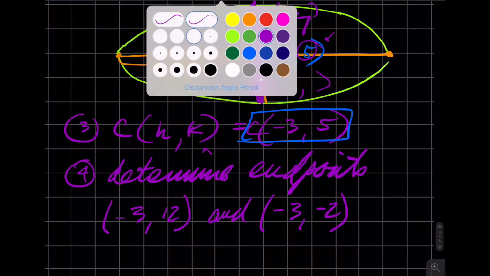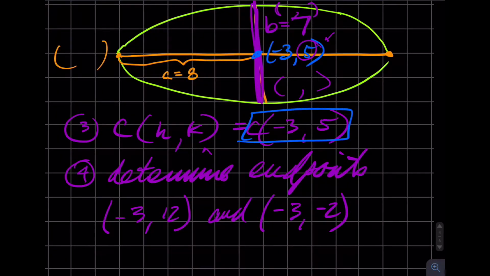And so hopefully you see what's going on here. For these 2 endpoints, I'm just going to be adjusting the x value by a distance of 8. And so for the left endpoint, I'm going to have -3 - 8 because I'm going in the negative direction 8 units. So -3 - 8 is going to be -11.